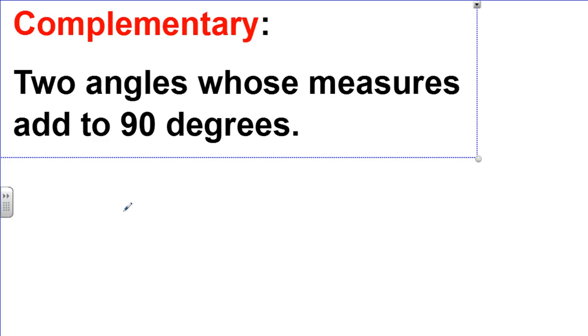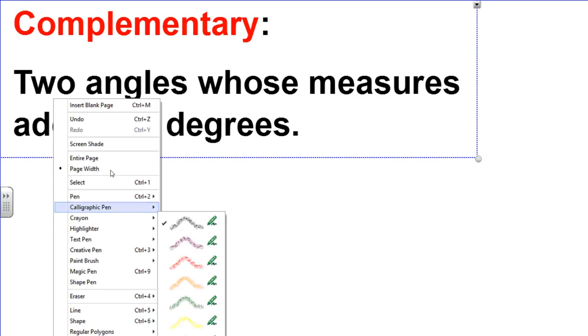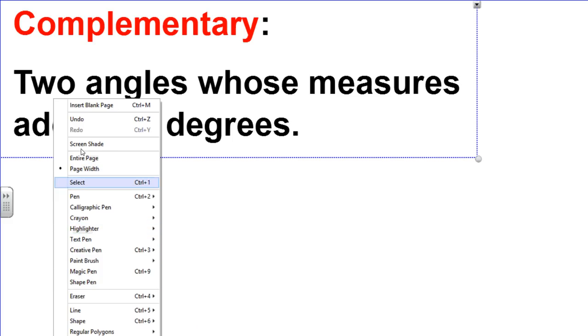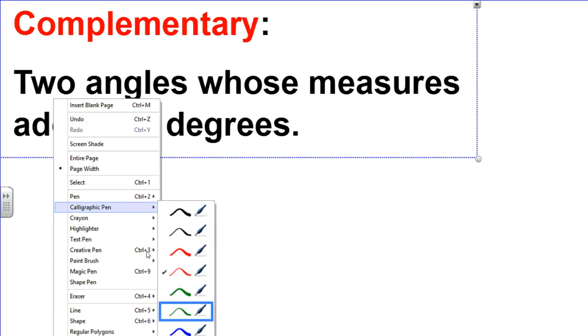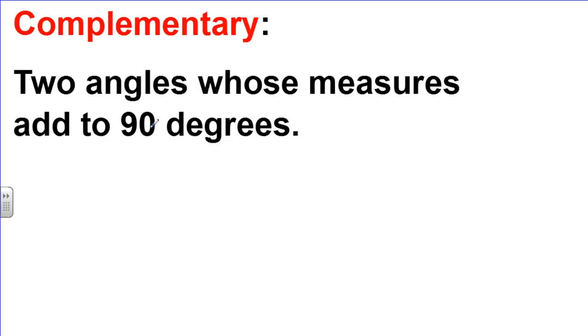More types of angles. You have complementary angles, which are two angles whose measures, their sum, adds up to 90 degrees. Let's see if I can draw a couple of complementary angles here. That's actually just drawn by hand. Okay.